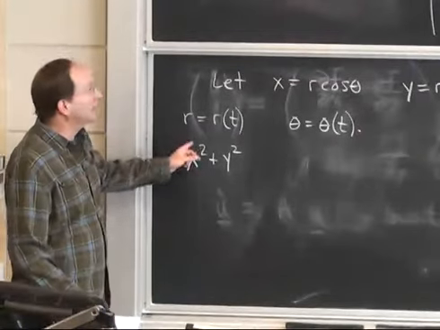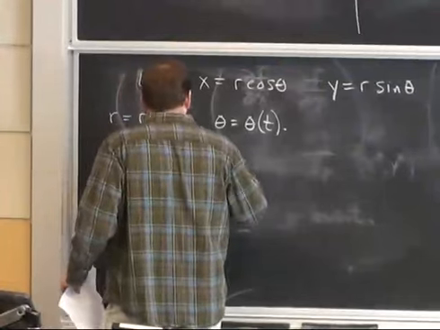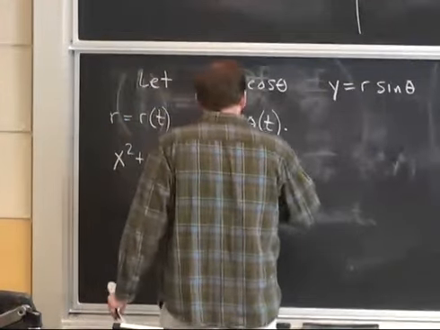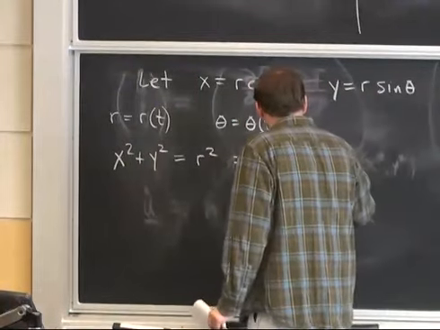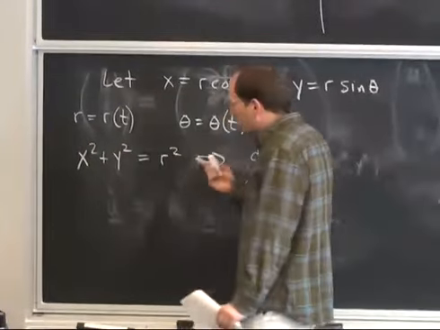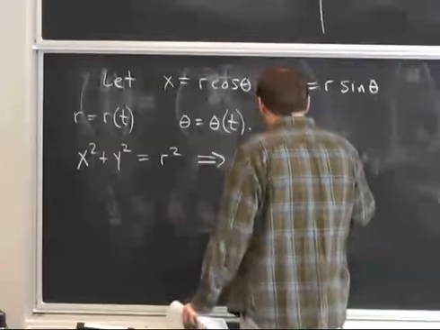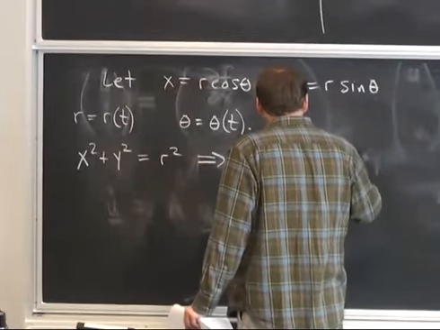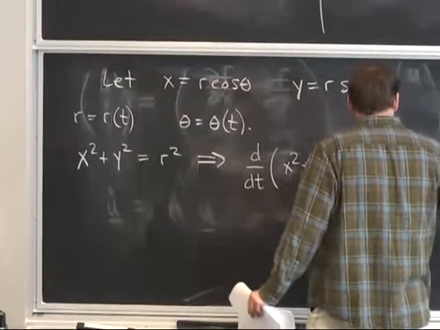The better way is to just use this little identity that x squared plus y squared is r squared. So if I differentiate both sides with respect to time, and in all of this, please keep in mind, everything's a function of time. Do not forget the chain rule term that will come from that fact. So take d dt of x squared plus y squared, and say that's d dt of r squared.